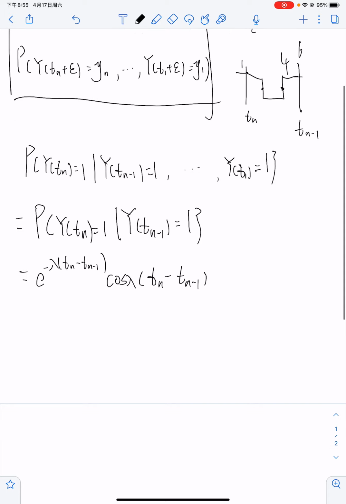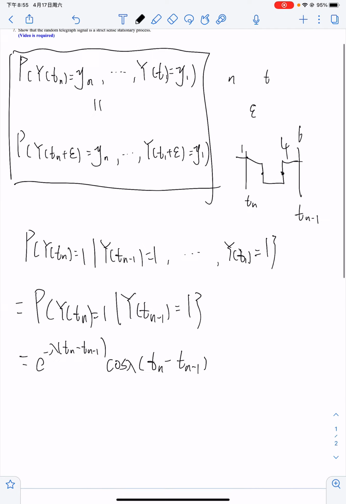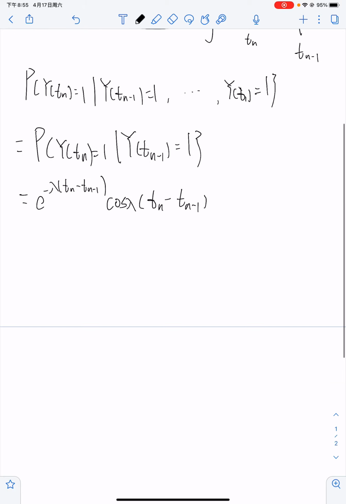This we already know from lecture. And don't forget, we have to get this formula, so we write it down.